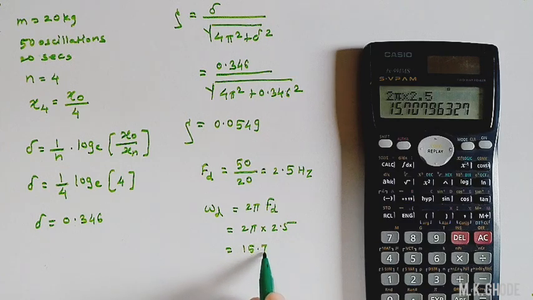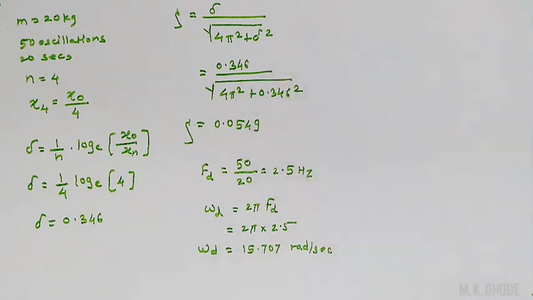This is the circular damped frequency. Now find the value of omega n, that is the natural circular frequency.